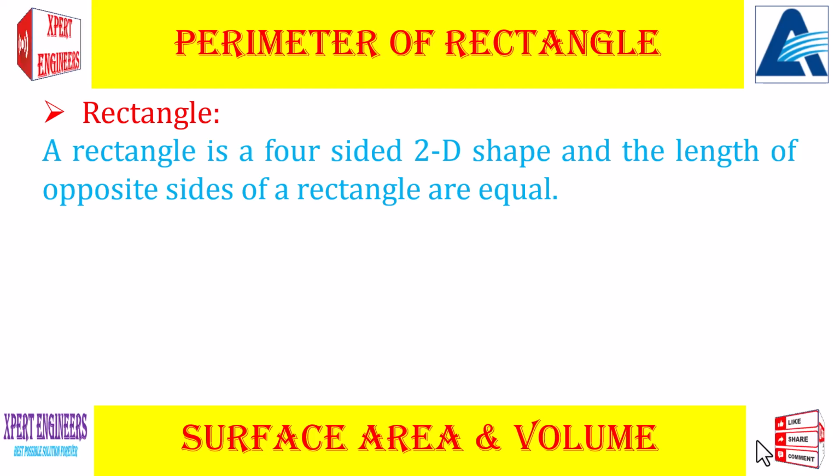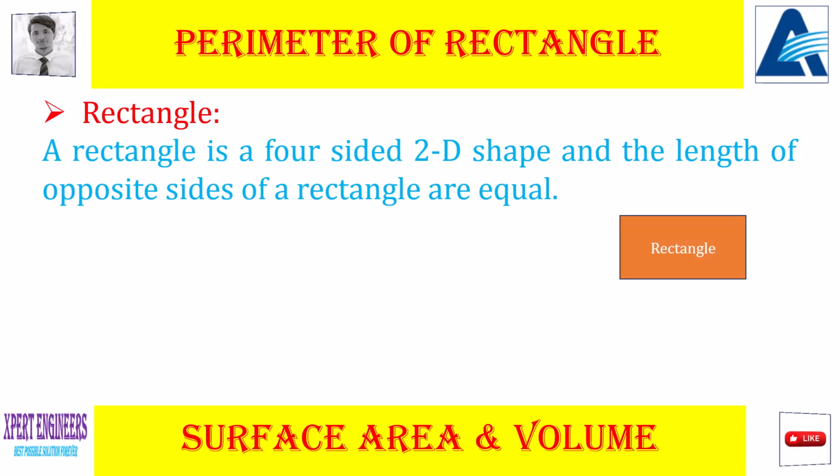And remember that all four angles of a rectangle must be equal to 90 degrees. Let's suppose that we have a rectangle. Let's assume that L is the length of one side of the rectangle, then the length of the opposite side will also be L. And if W is the width of the rectangle, then the width of the opposite side to this W is also W.